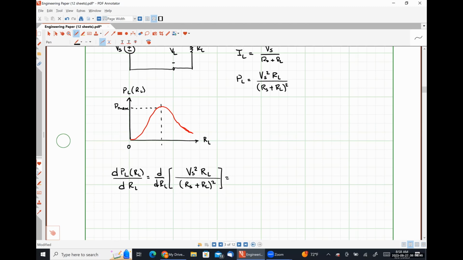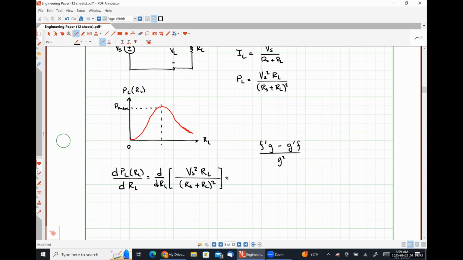So how do I take that derivative? So the quotient rule, right? F prime G minus G prime F over G squared, where F is the function in the numerator and G is the function in the denominator.